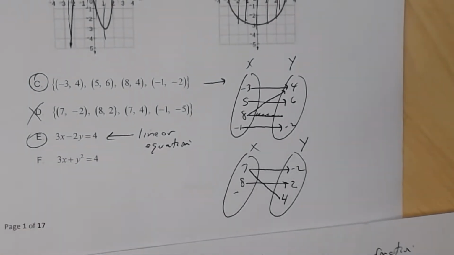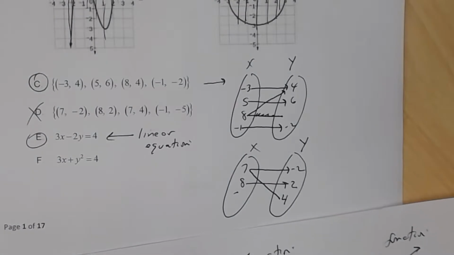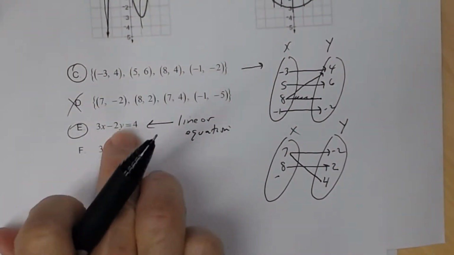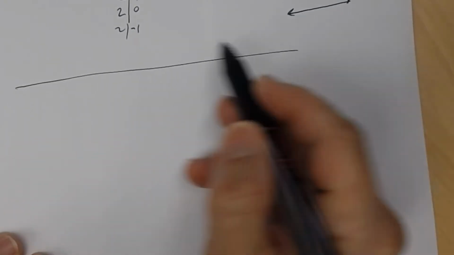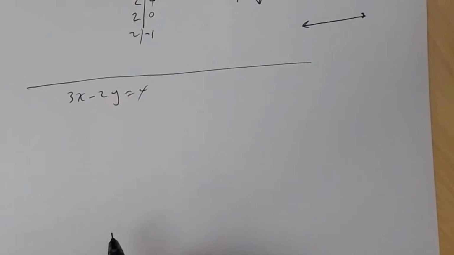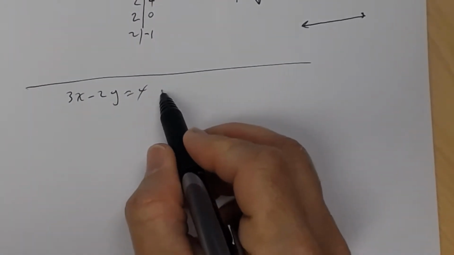Now what some of you may do is actually graph this and see what you get, and that's okay. So if you graph 3x minus 2y equal 4, you may want to write this in slope-intercept form.